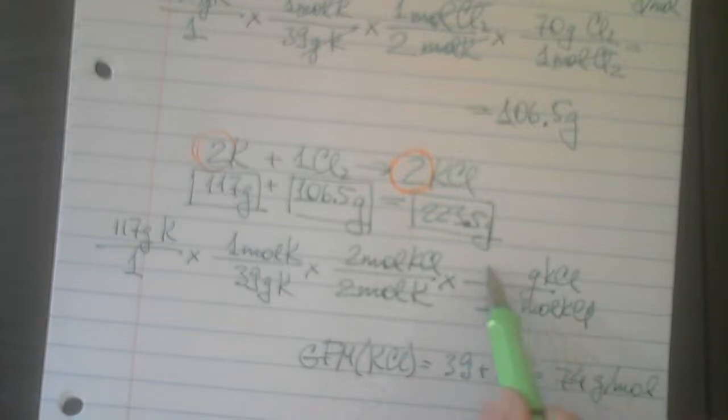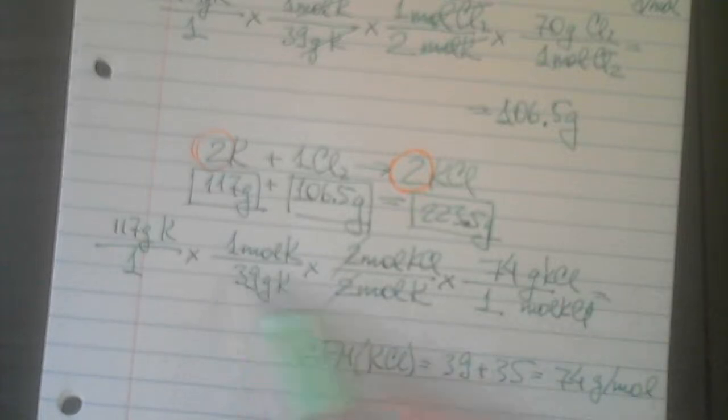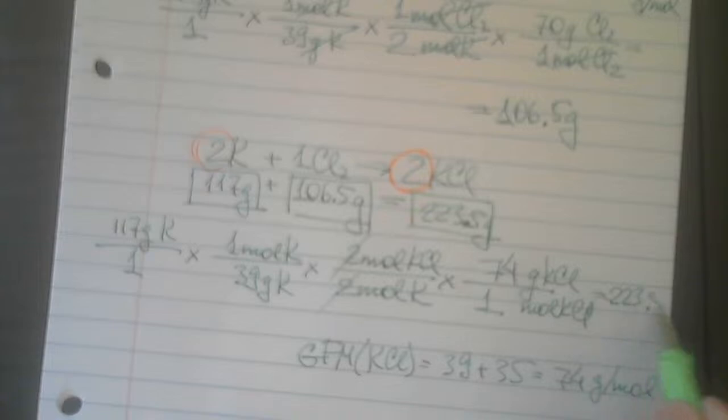And that's it. I can cancel this thing out, multiply all the numerators, multiply all the denominators, and guess what? Our final calculation turns out to be exactly what we expected it to be.